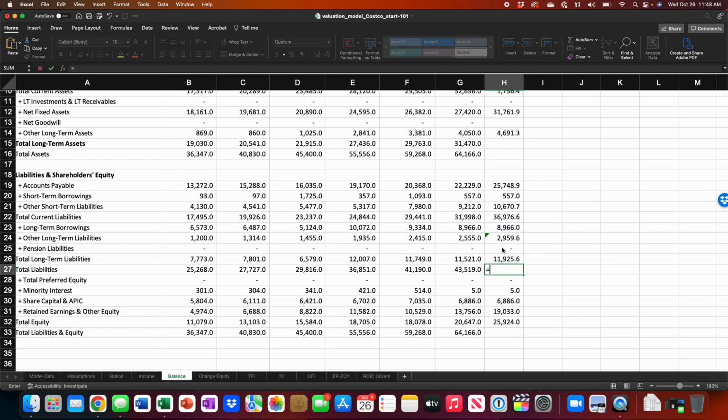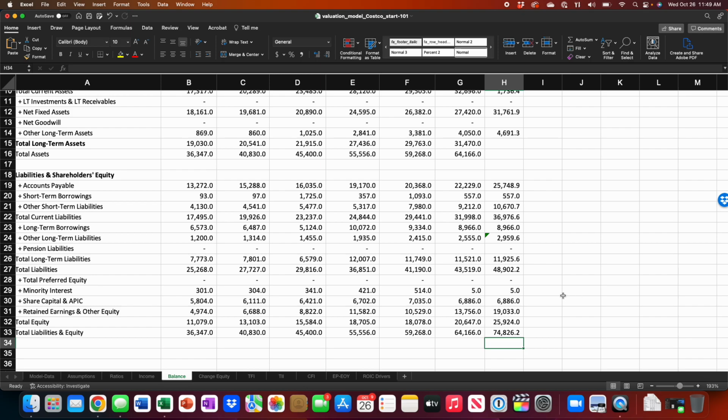I can take my current liabilities, which is H22. I can add them to my long-term liabilities, which is H26. And in H27, I get total liabilities of 48,902.2. I then take H33, which is I add my total liabilities in H27 to my total equity in H32, total liabilities and equity of 74,826.2. That's my forecast for that side of the balance sheet.